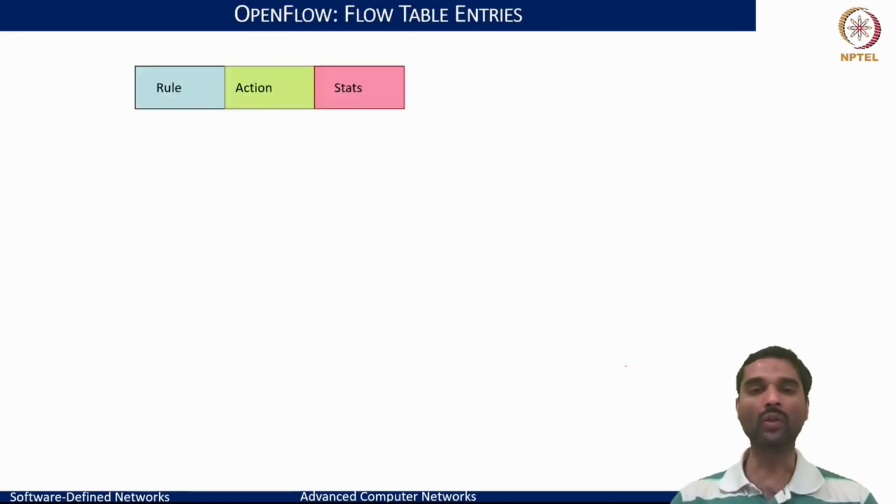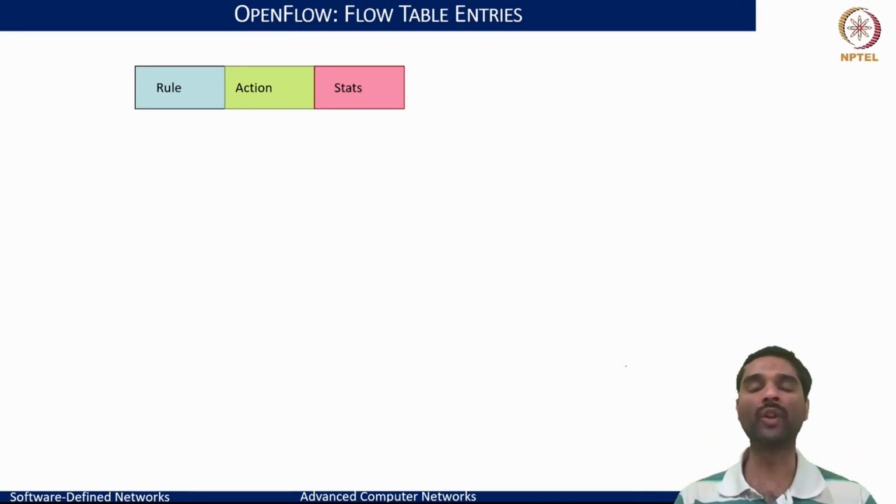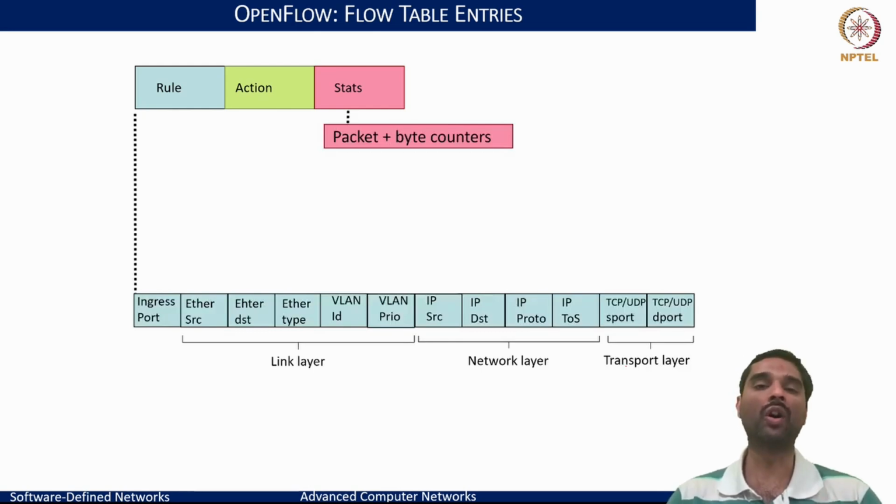So let's look into how these flow table entries are defined and what the aspects of a flow table entry in OpenFlow are. The first part and the most important one is the rule, which dictates what you would want to match on.